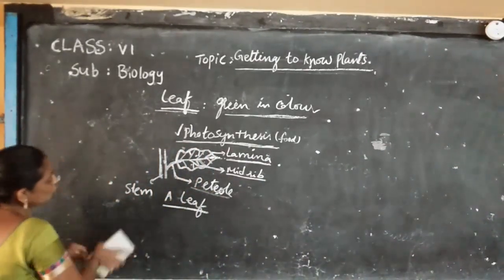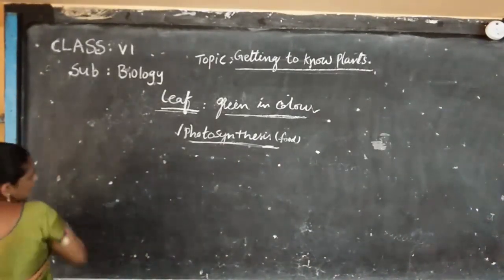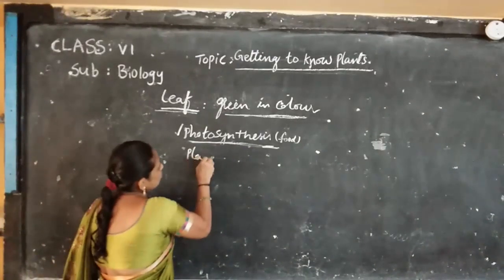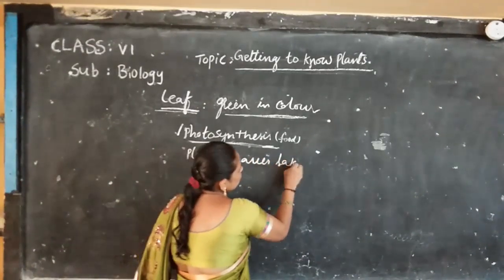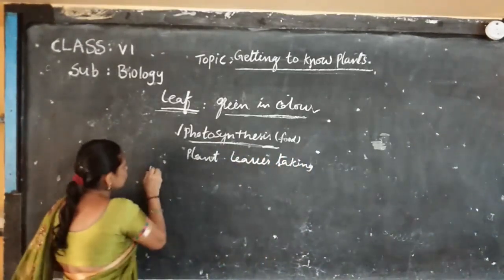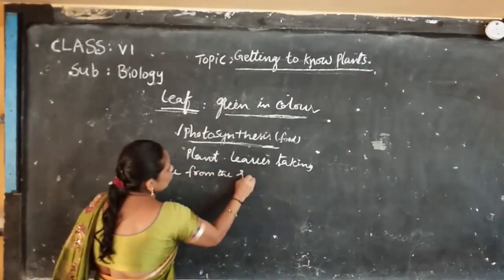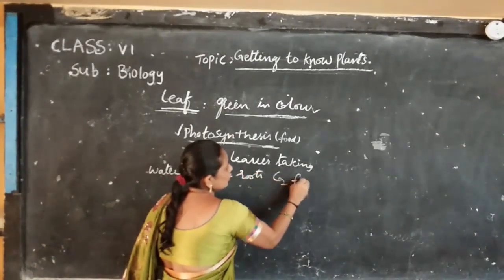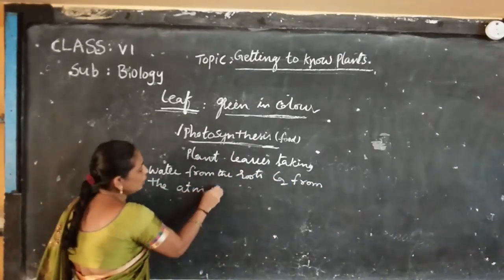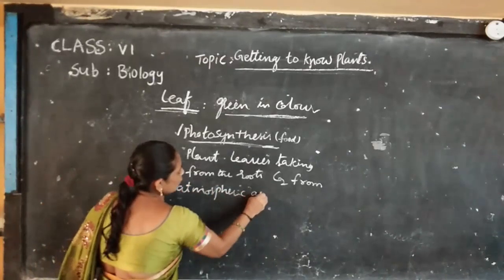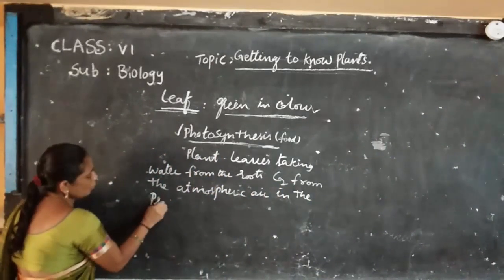Now we will discuss photosynthesis. Plant leaves take water from the soil, from the roots, and carbon dioxide from the atmospheric air, in the presence of sunlight.